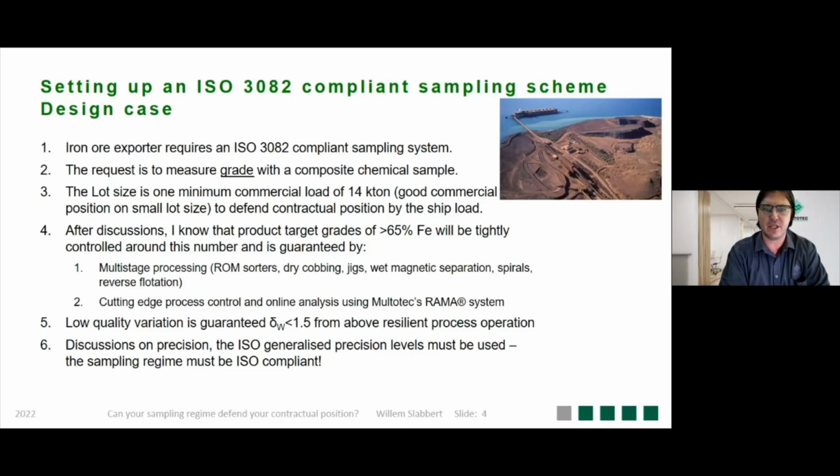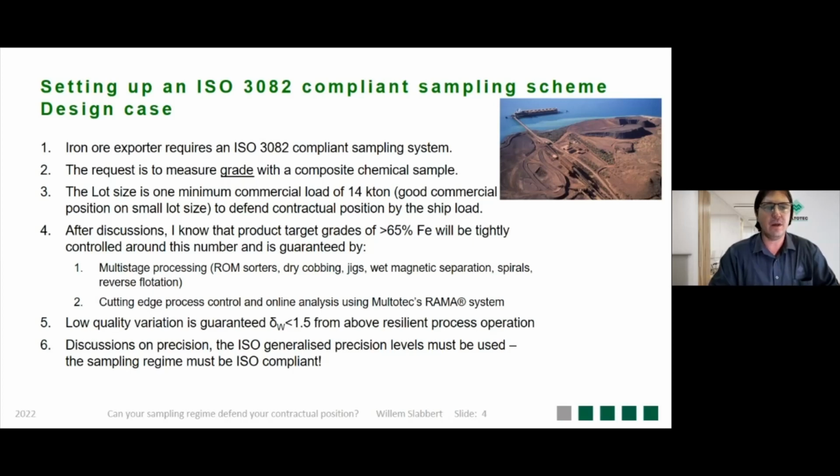After some discussions with the client, we now know that the product target grade of 65% elemental Fe will be tightly controlled around that average number of 65, and that's guaranteed by multi-stage processing through run-of-mine sorters, dry cobbing, jigs, wet magnetic separation, reverse flotation, etc. So in our fictional design lot case here, we have a lot of equipment that gives us a lot of resilience to achieve our final grade.